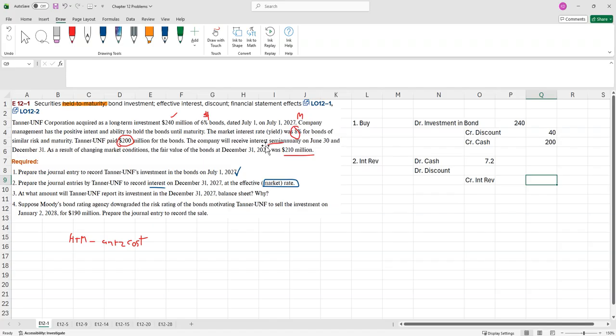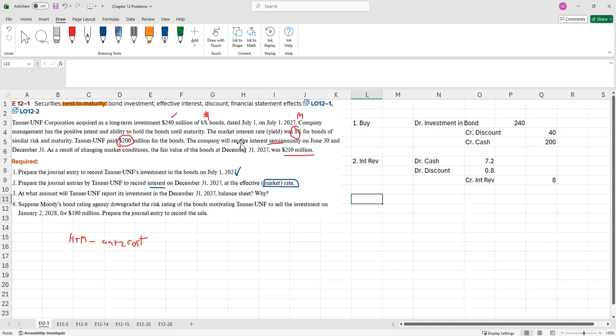For the credit to interest revenue, this is going to be 4%, 8% divided by 2 because it's semi-annual, and we're going to multiply that times 200, basically our amortized cost, so 8. The difference between 7.2 and 8, we're going to have essentially 0.8 of the amortization there. That's going to be it.